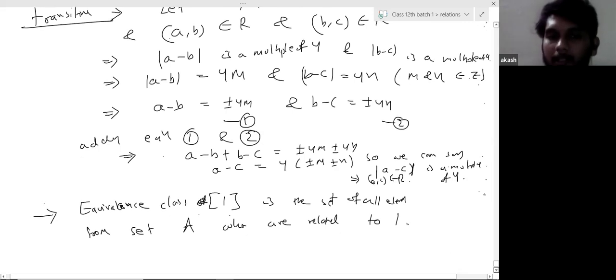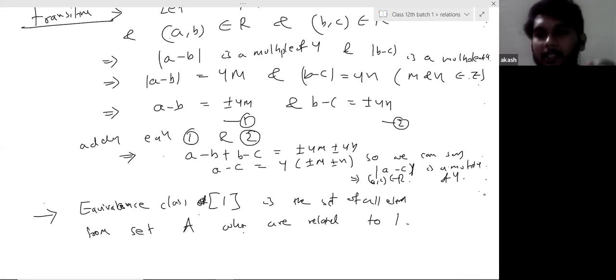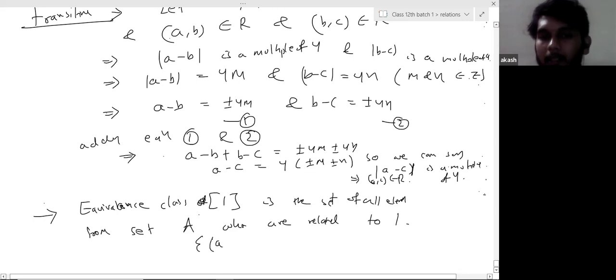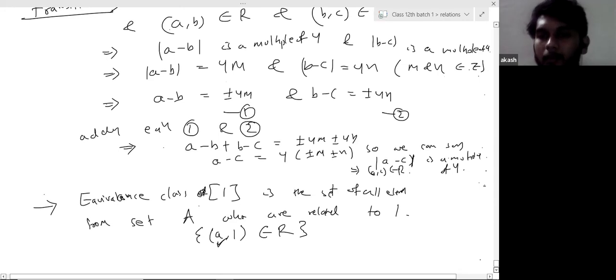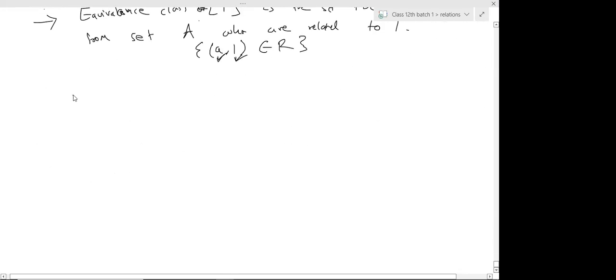If they ask you any equivalence class, the first necessary thing is that it must be an equivalence relation. If the relation is an equivalence relation, then for each element we can figure out the equivalence class. It is all the elements A such that (A, 1) belongs to R. You have to write all the A's, all the elements related to 1, all the ordered pairs where 1 is one element. Is this clear, everyone? Yes, sir.